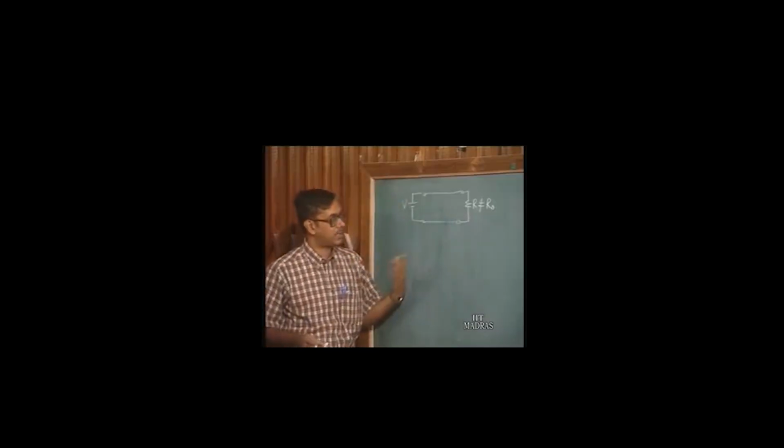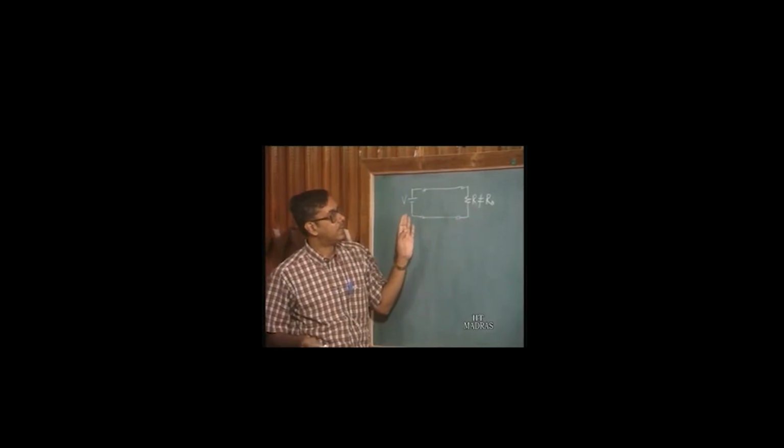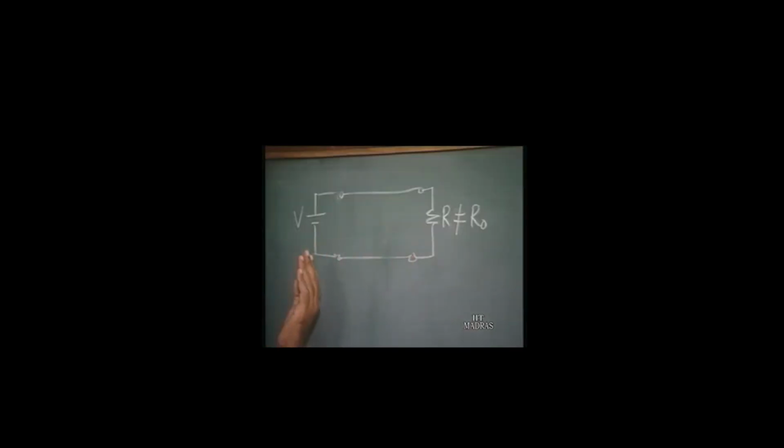This can be taken care of if we consider reflections from the load end. That is, there is a transmitted wave and there is a reflected wave. A part of the wave which moves to the load end gets reflected back from the load to the source end.